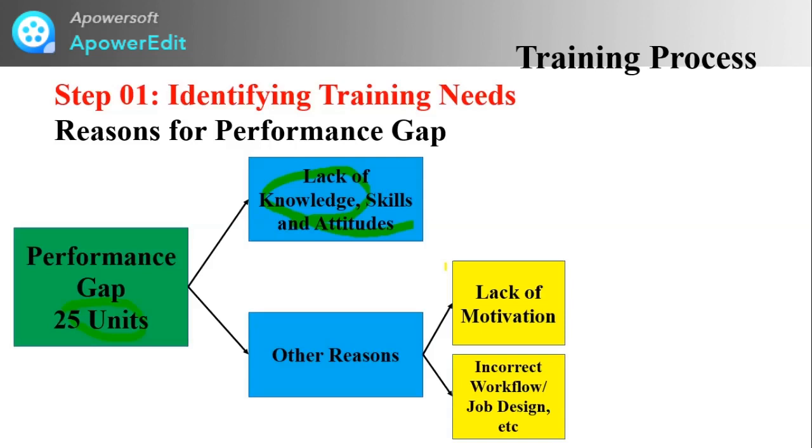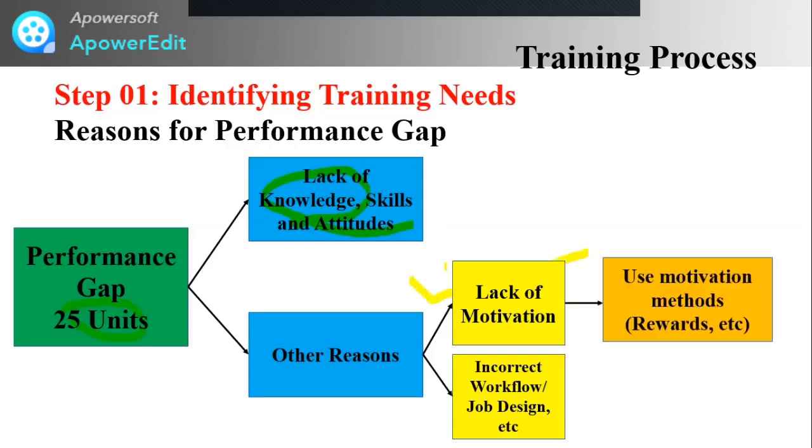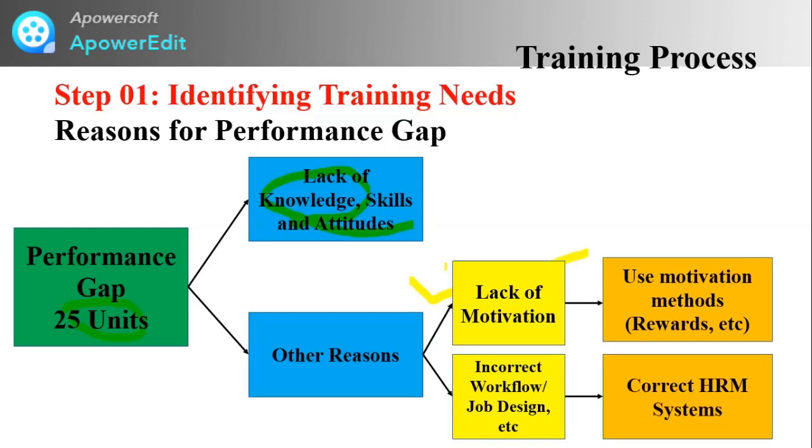If workers' motivation is lacking, then we have to use motivational mechanisms like a reward system or other incentive system, bonus system, or any other motivational strategies. For incorrect workflow or job design, we have to use correct HRM practices.